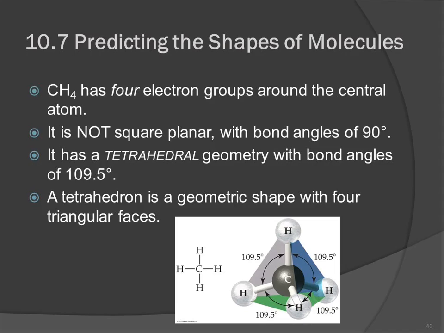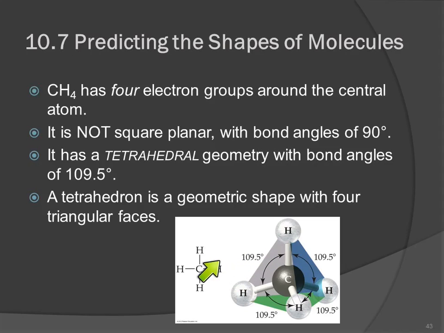We understand a cube. A cube has 6 sides and each side is a square. A tetrahedron only has 4 sides and each side is a triangle. And there just aren't many of them around in real life. It's a weird shape. But you're just going to have to get your mind around it. This is a tetrahedron, and that's how those atoms get away from each other. Then the angle between them is 109.5 degrees.